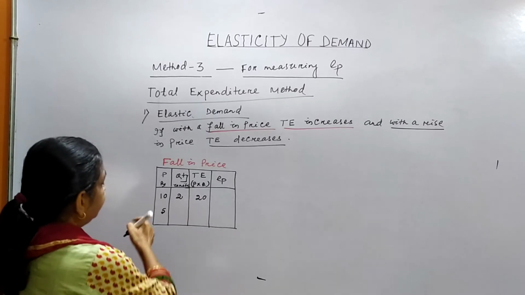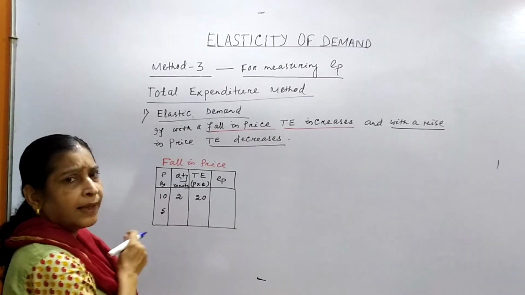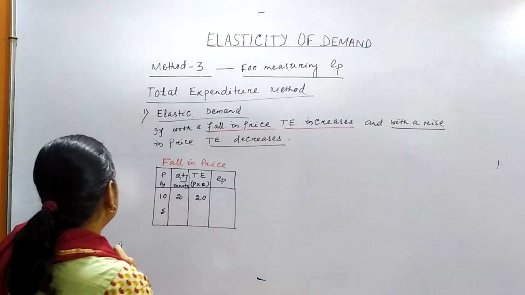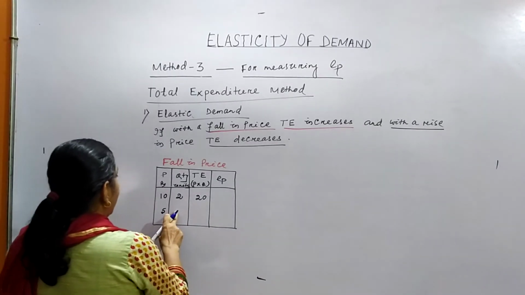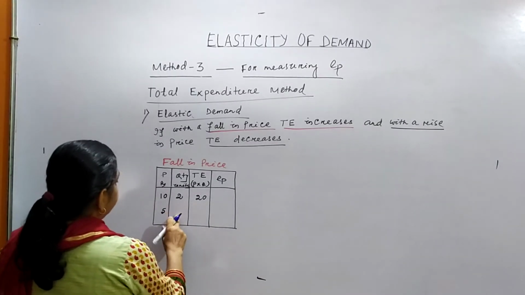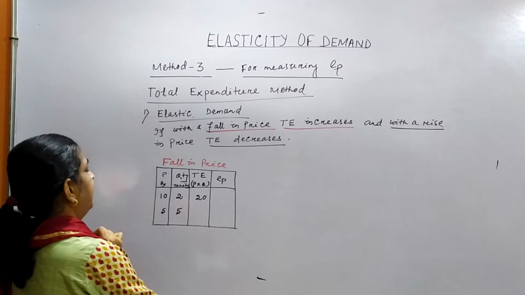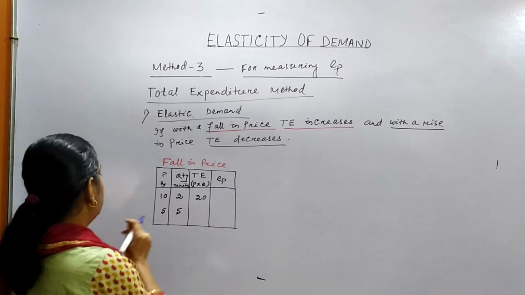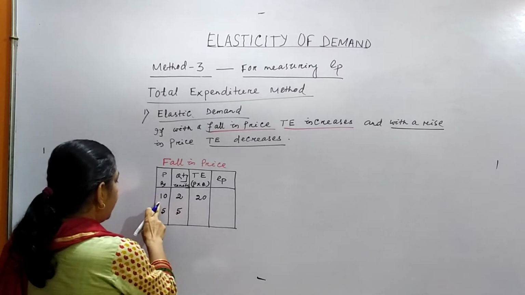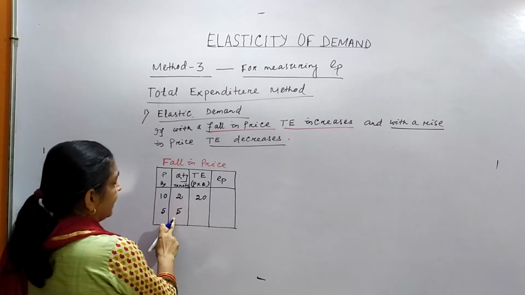What do we see here? Price becomes half, 10 became 5. The quantity demanded increases to 5 units. So due to a fall in price, quantity demanded increases.